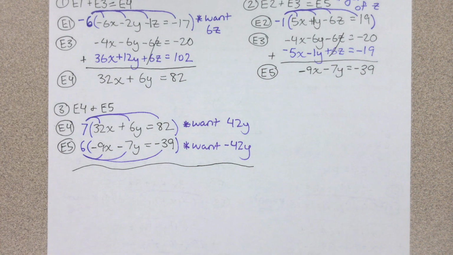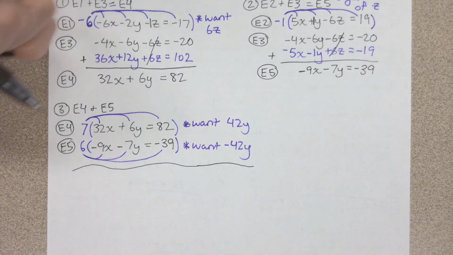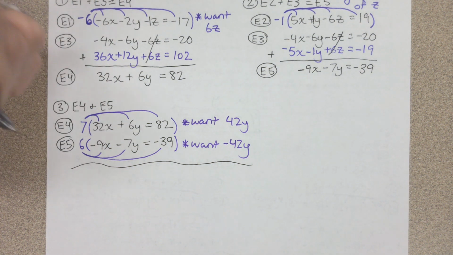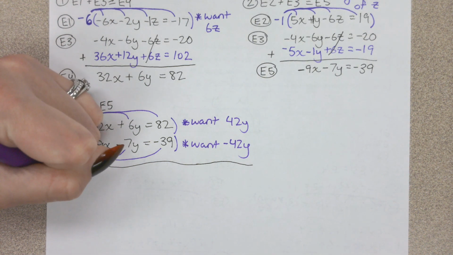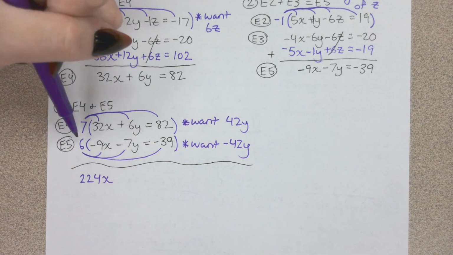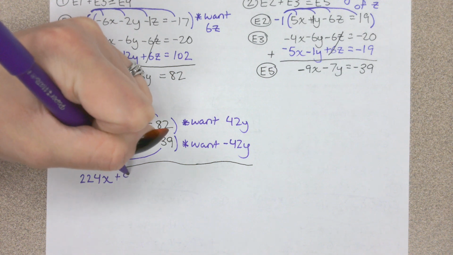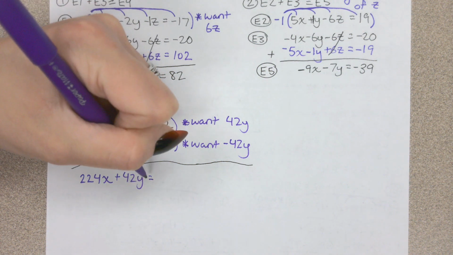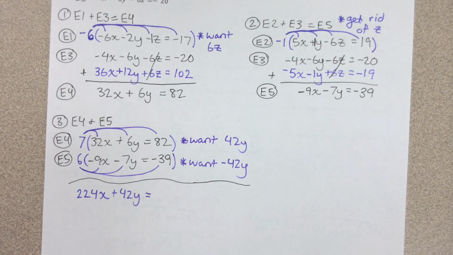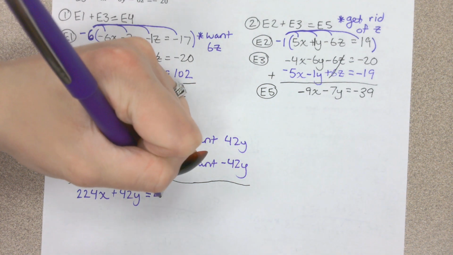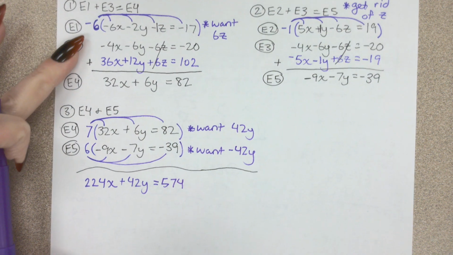Seven times 32x, that is 224x. 7 times 6y, that's 42y. And 7 times 82, that is 574.